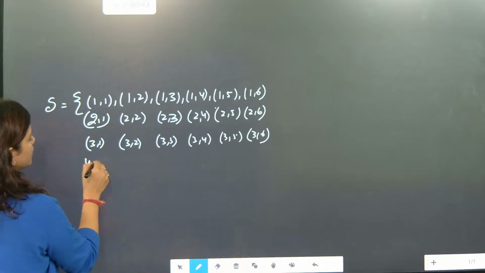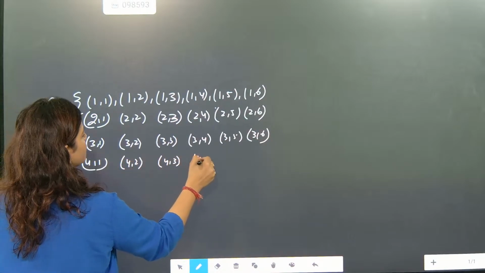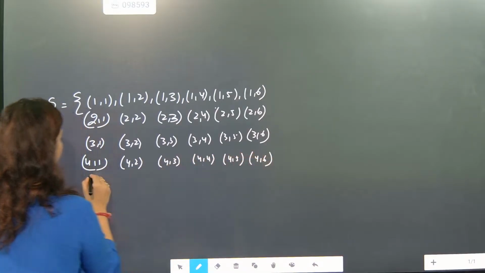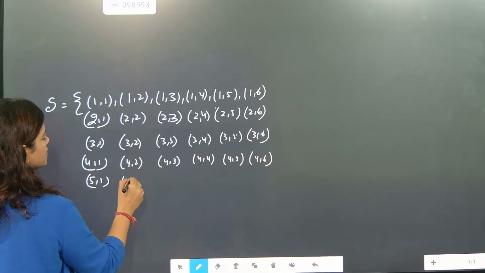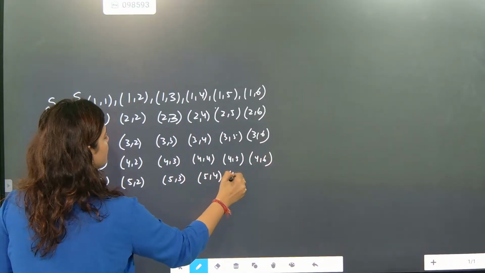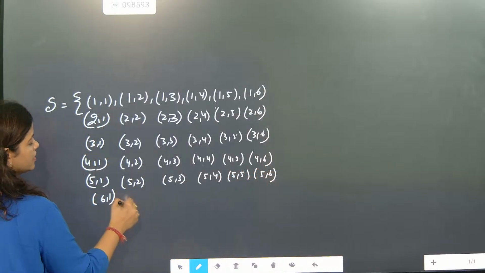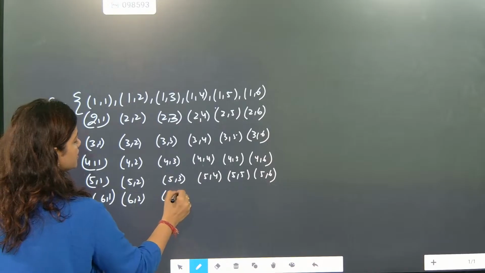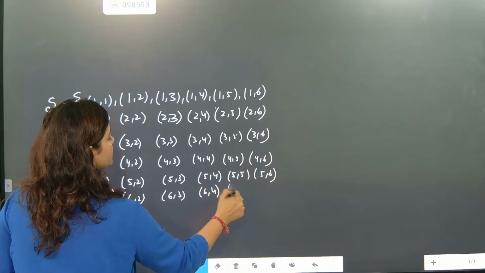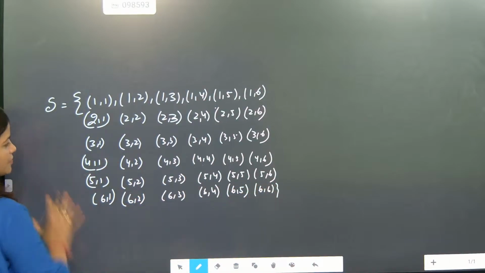Now comes (4,1), (4,2), (4,3), (4,4), (4,5), (4,6). Next is (5,1), (5,2), (5,3), (5,4), (5,5) and (5,6). Next one is (6,1), (6,2), (6,3), (6,4), (6,5) and (6,6). So this is exactly a total of 36 sample points.